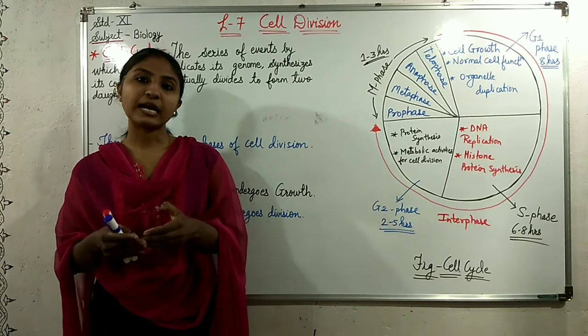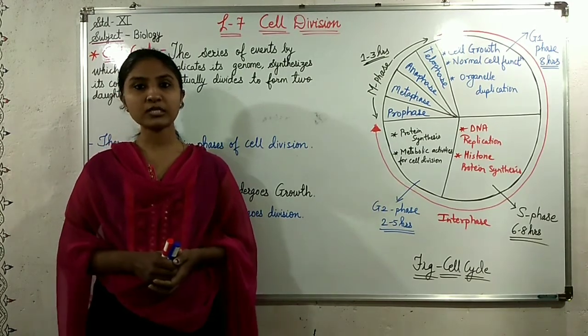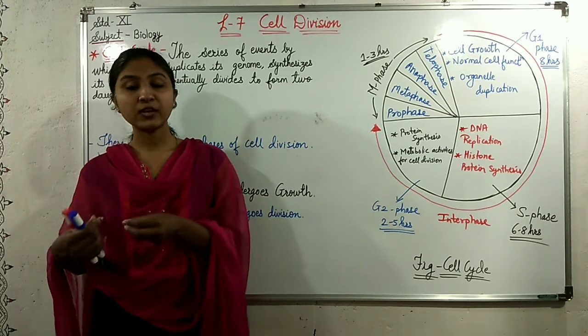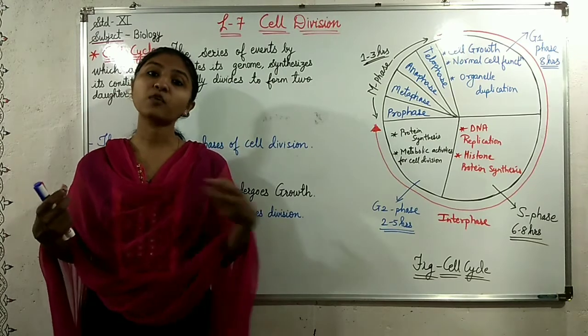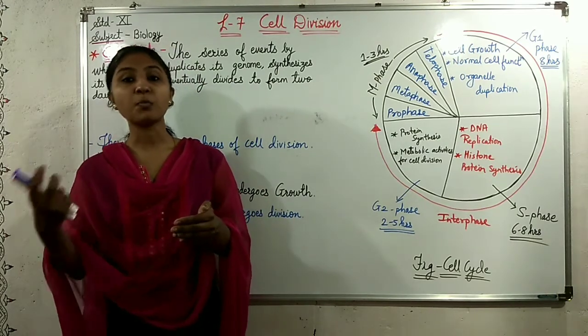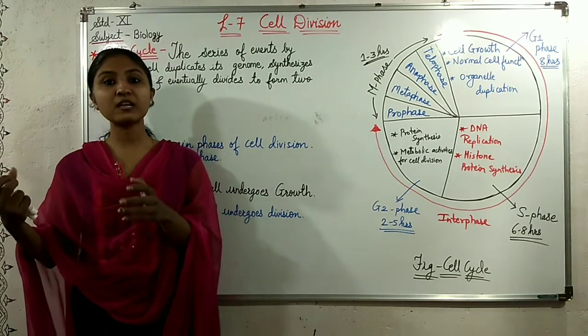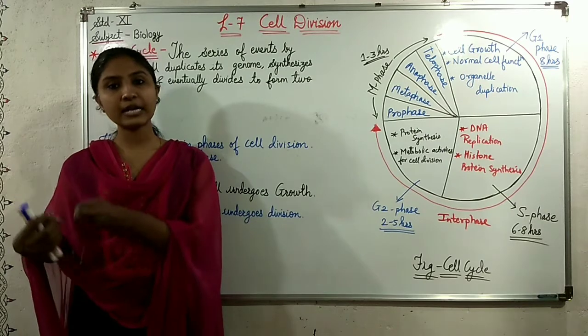So you can say that the growth of an organism depends upon cell division. The cell theory states that every new cell arises from a pre-existing cell. Every new cell which is born is formed from a cell which already exists.